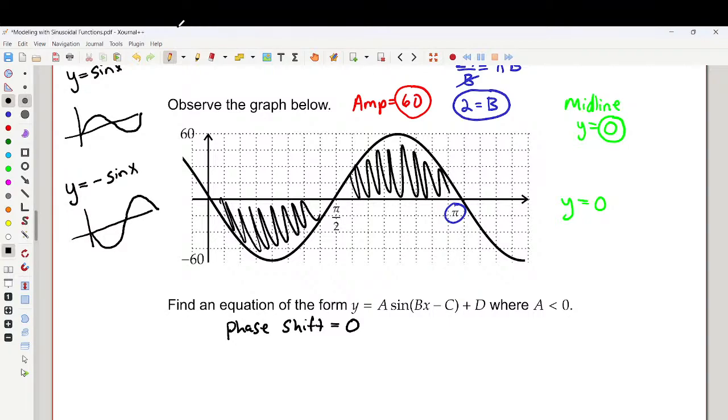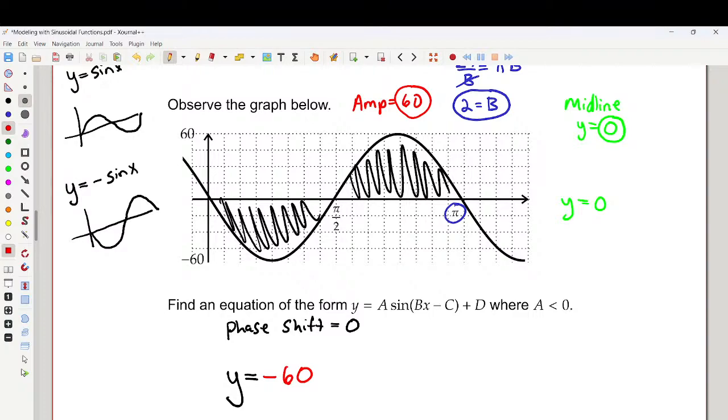And then we just put in everything else we just found. Y equals -60, because the amplitude, as I said in the opening examples, we had choices, could be positive or negative a values. This is telling me, it has to be negative.